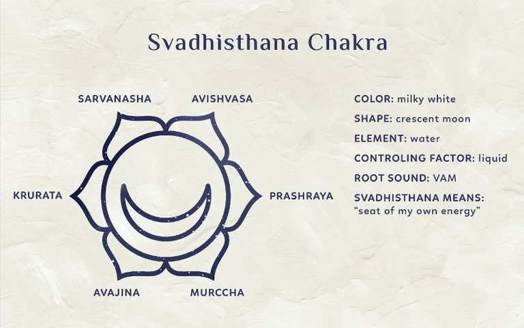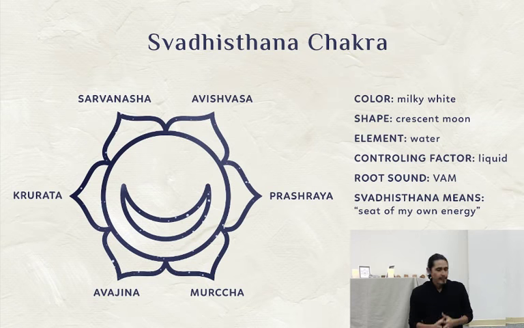So what is a vritti? It is an emotional propensity. It is an instinct, basically. So what we said before is that these chakras, they are like clusters of emotions. Clusters of sort of like instincts that we carry, that we're wired with.